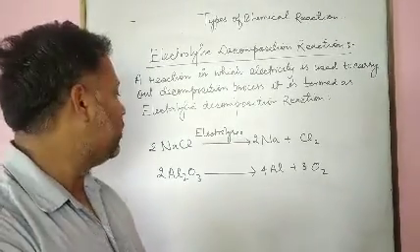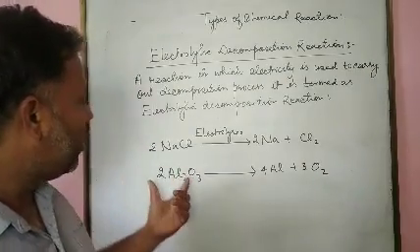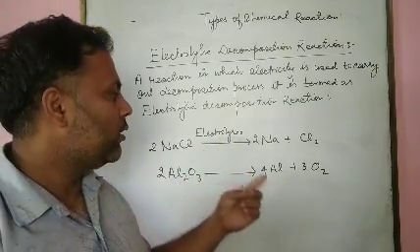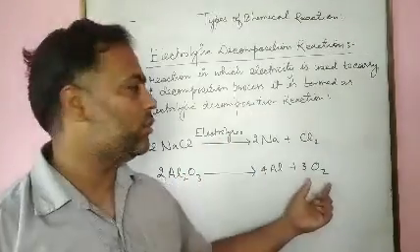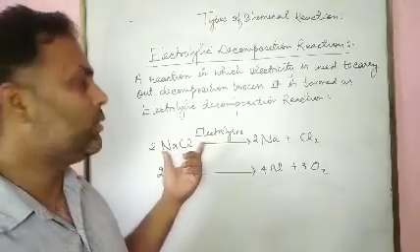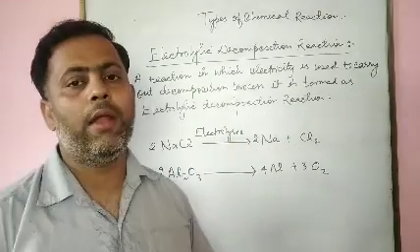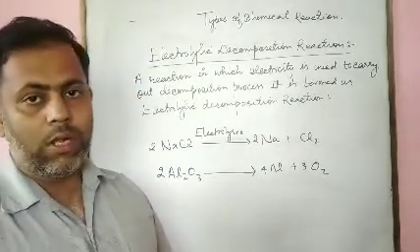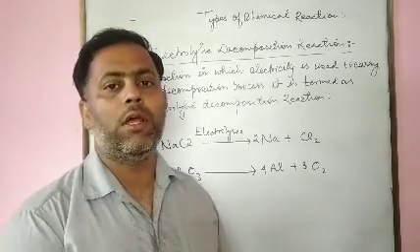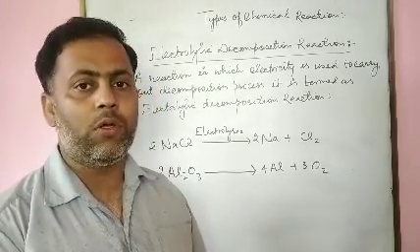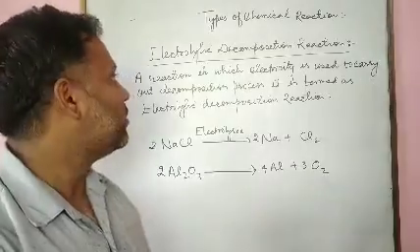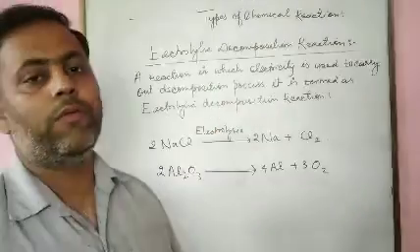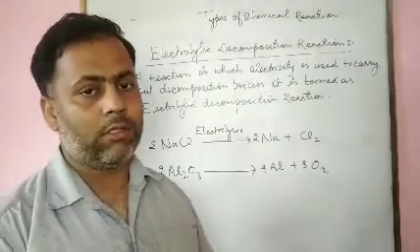When aluminum oxide is electrolyzed, it will produce aluminum and oxygen. When fused sodium chloride is electrolyzed, it will produce sodium and chlorine gas. The previous one we discussed, the electrolysis of water, produces hydrogen and oxygen gas. These are examples of electrolytic decomposition reaction. Clear?